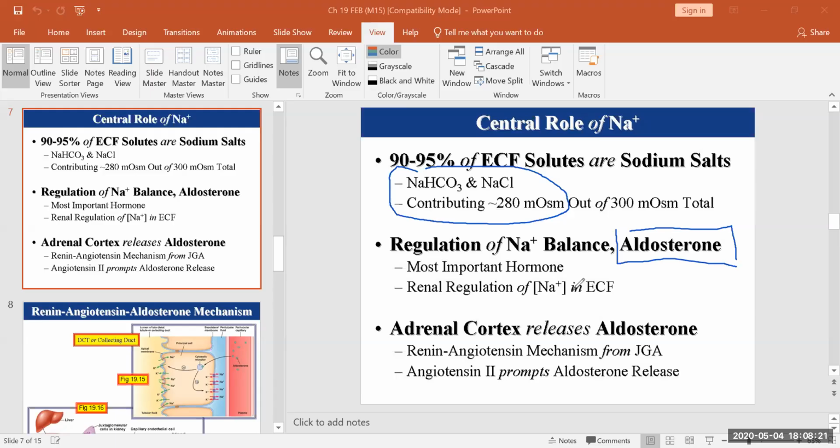If you want to keep water, keep salt. If you want to get rid of water, get rid of the salt, okay? And this aldosterone, we talked about this already, but let's revisit it. This is also known as the renin-angiotensin pathway, so it is related to the release of angiotensin 2. Let's briefly talk about this on the next slide.